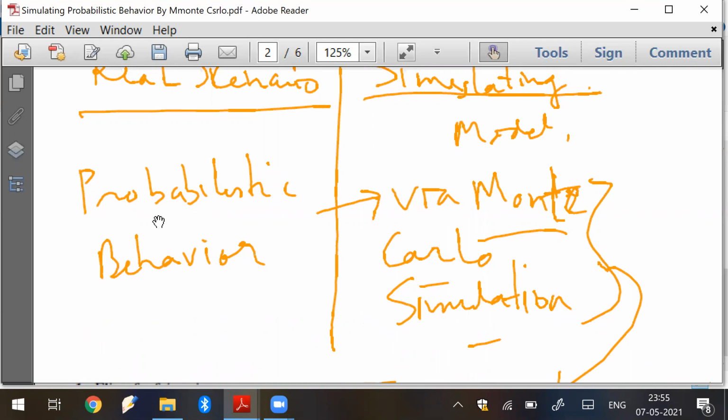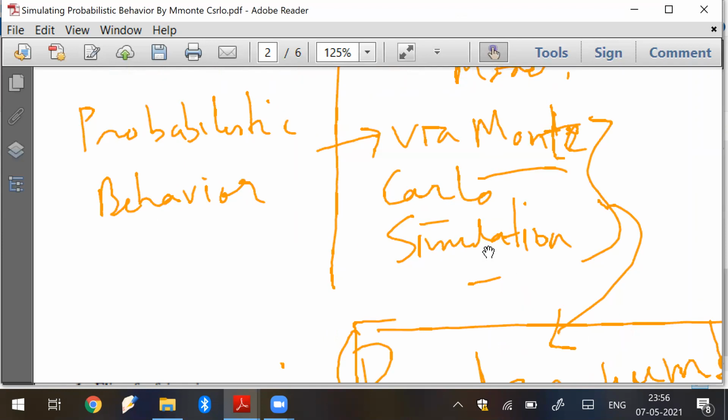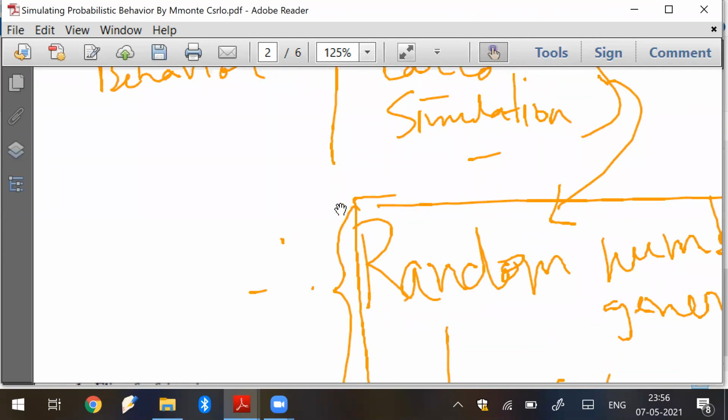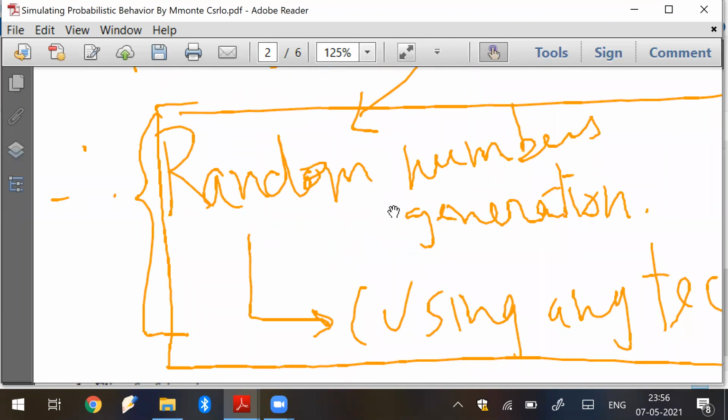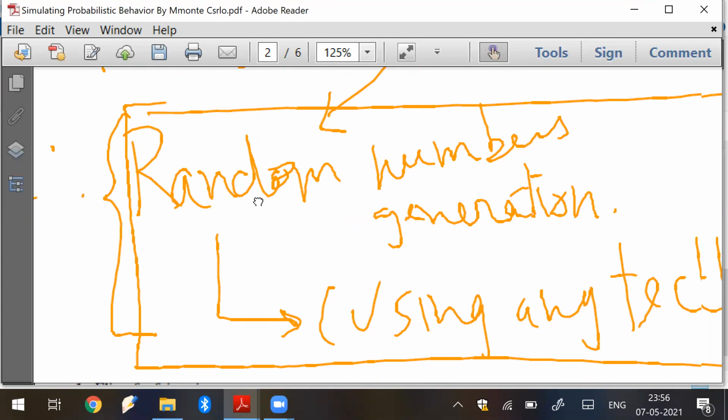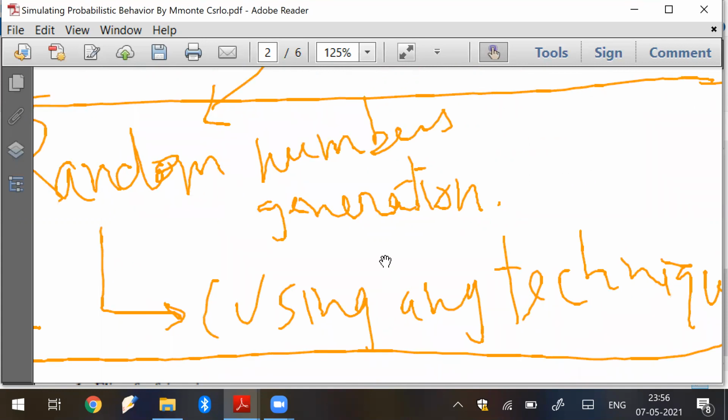As we are dealing with probabilistic behavior, Monte Carlo will be helpful, as Monte Carlo is dependent on random number generation. Random number generation means, as we have already discussed, generating real numbers in an unpredictable way, and for our purpose we are considering real numbers only. You can generate random numbers using any technique.